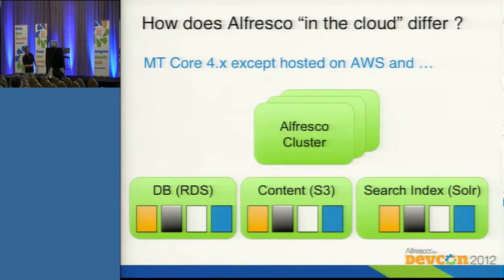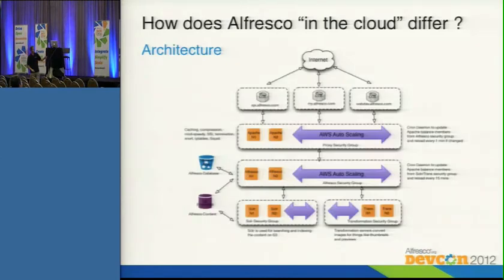So that's the same diagram as before, just being run on Amazon. Here's a picture I borrowed from DevCon in Berlin. One of our DevOps team used this in their lightning talk, so I assume this is now in the public domain. It's just a logical diagram of how we run the cloud on Amazon. It's similar to the diagram I showed earlier, but there are some web proxies, Apache, at the top.